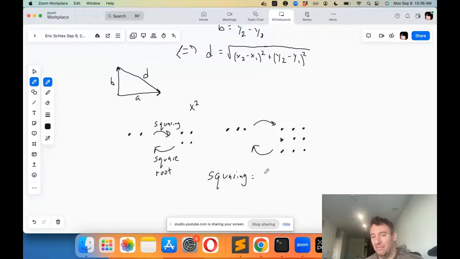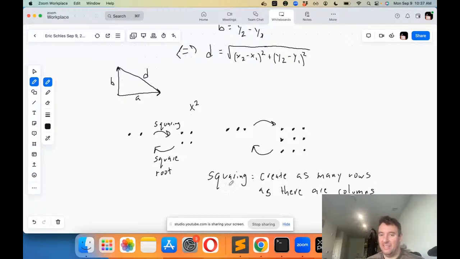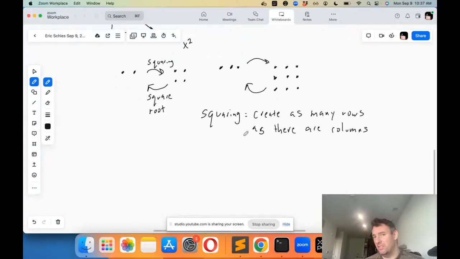So squaring, right? The rule is: create as many rows as there are columns. That's the finite rule for squaring, which makes some intuitive sense.